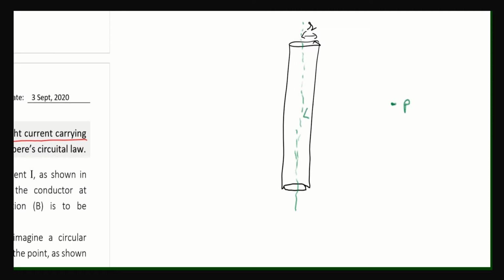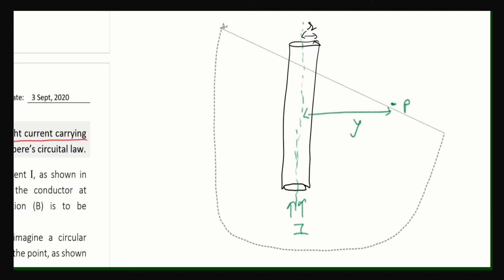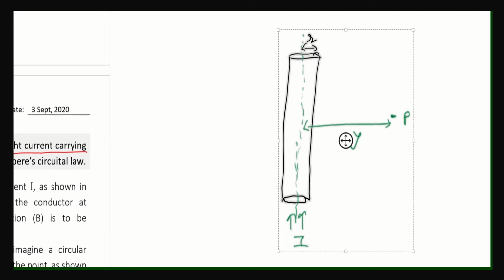Where is point P? Let it be at distance y. So this is the situation, and let the current be I. For this situation, we want to find the magnetic induction at point P due to this straight wire carrying current. So how do we get it?